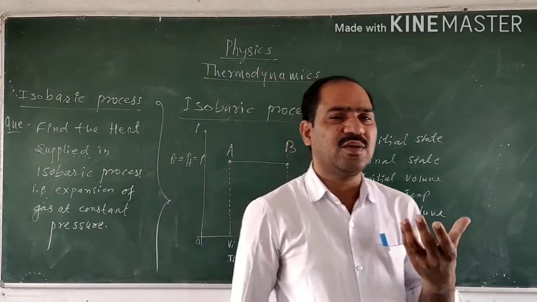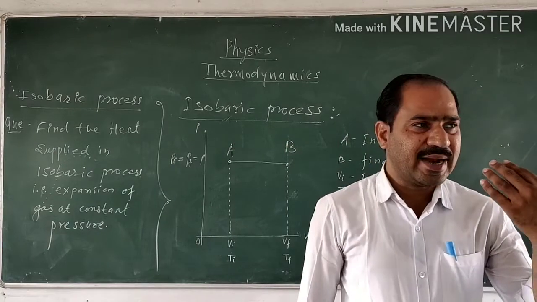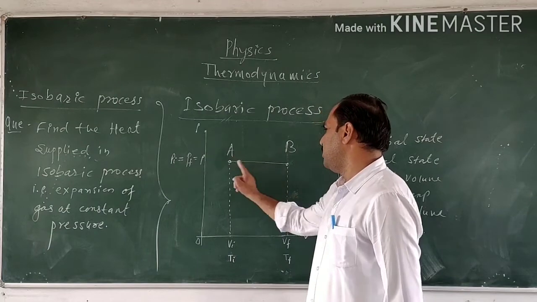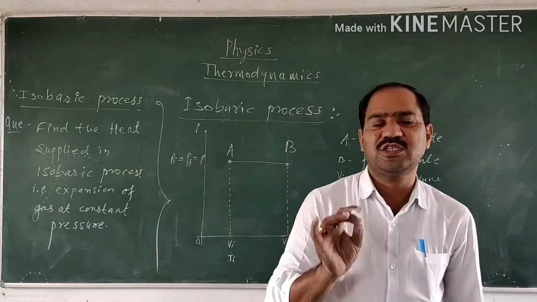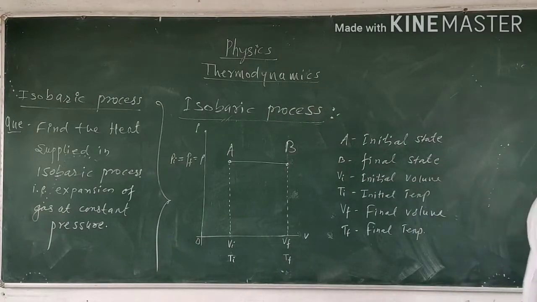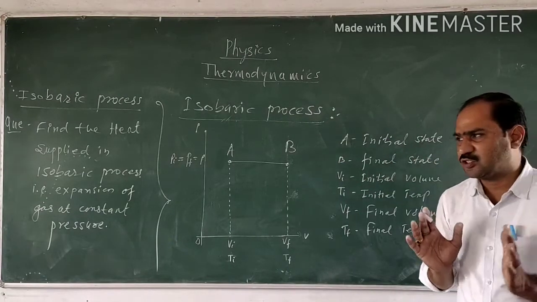So the pressure at A, at B, and at every point along AB must be constant. It means that pressure remains constant.